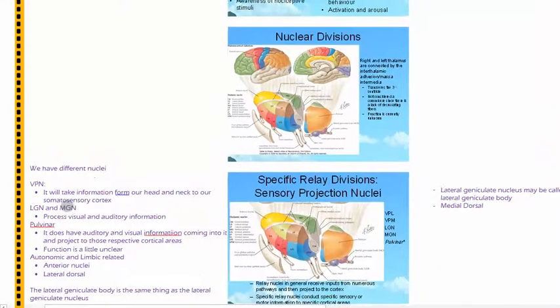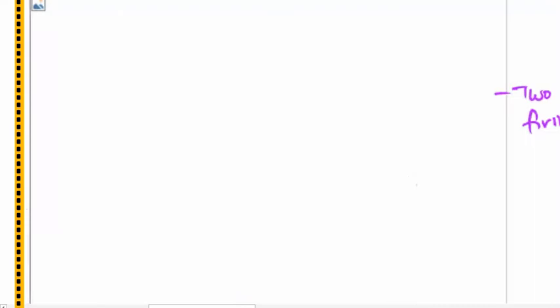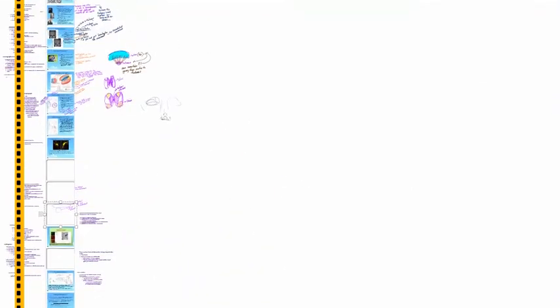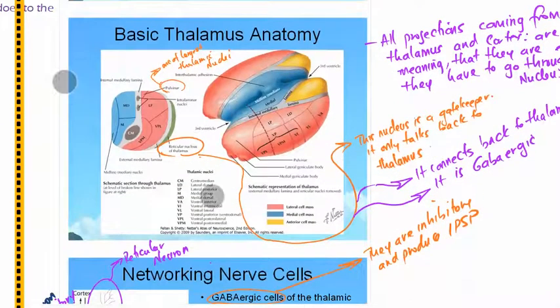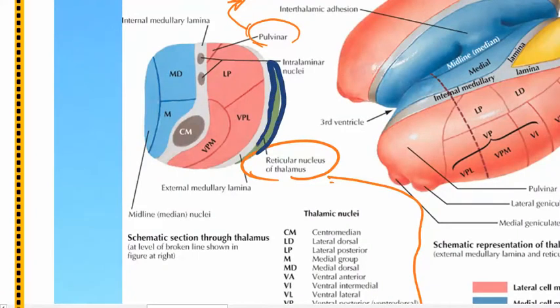But when you look at these depictions, you can clearly see this is the reticular nucleus, and it seems like it's part of the thalamus.